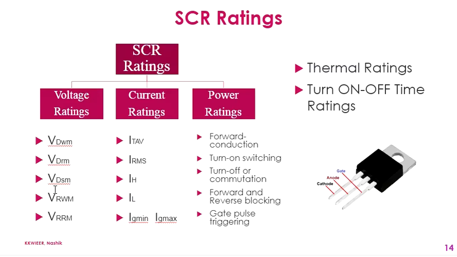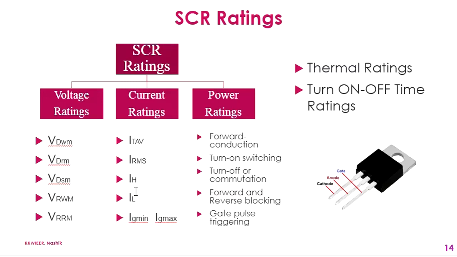Then VDSM, the non-repetitive peak off state forward voltage, similar to that of VRWM, the working peak reverse voltage, and VRRM, the repetitive peak reverse voltage, like that. There are certain current ratings also: ITAV, the average on state current, IRMS, the RMS on state current, and IH and IL, the holding and latching currents, and the gate current, which we have already seen.